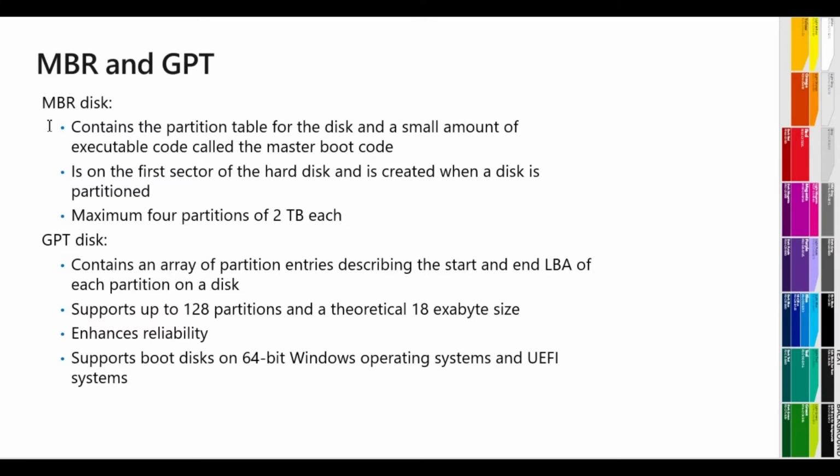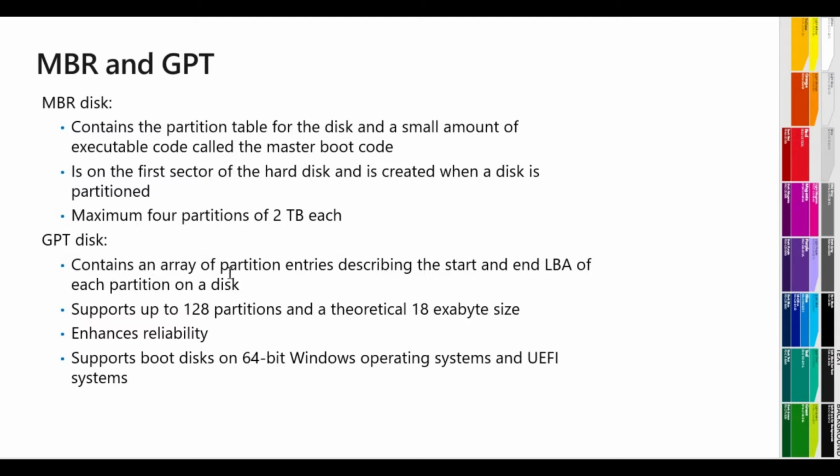So if you have an MBR file format, which is our default Windows file format, we can have up to 4 partitions. Each partition can have 2 terabytes of space. Another one we have is GPT. GPT is a GUID partition table. This is another kind of disk format type.